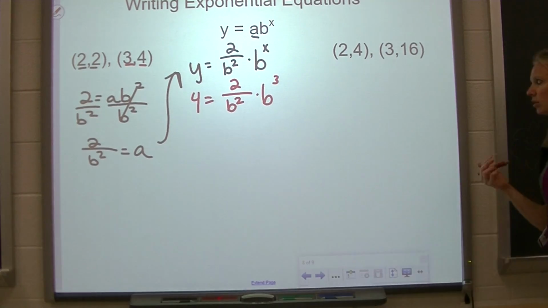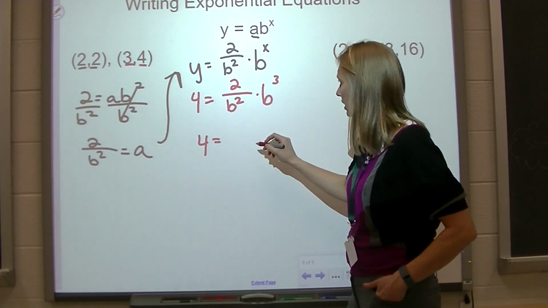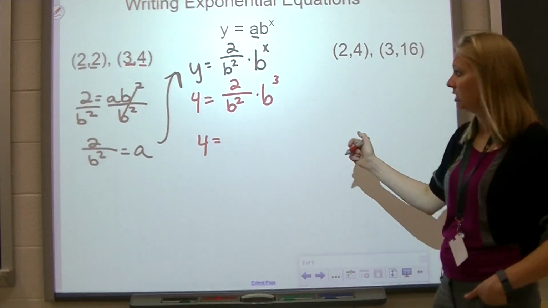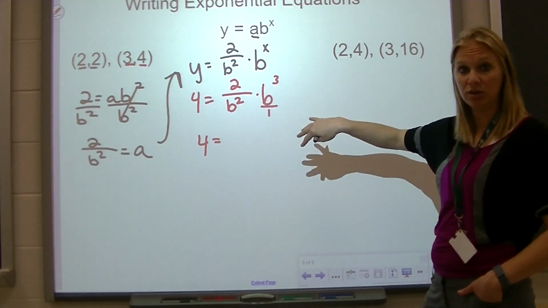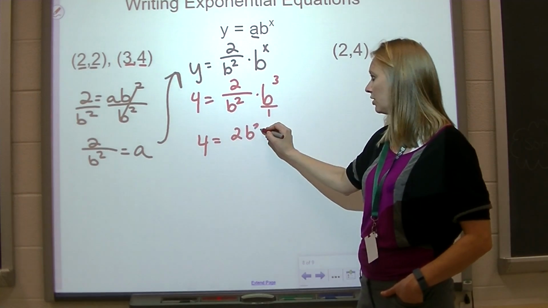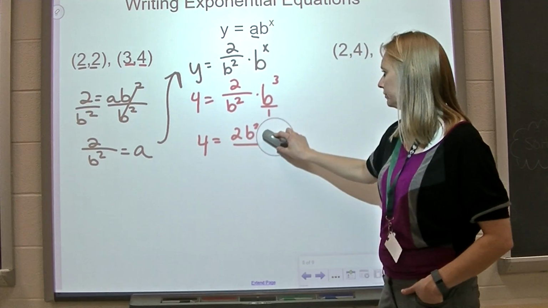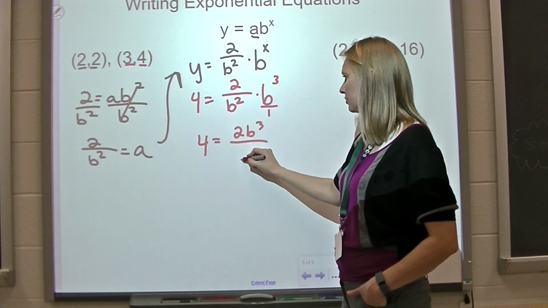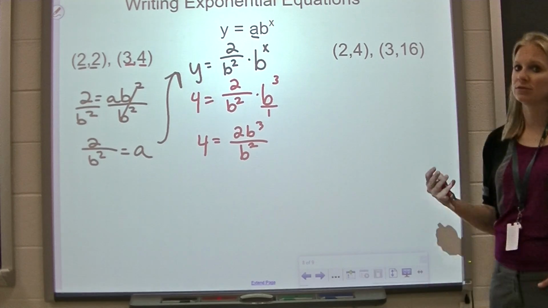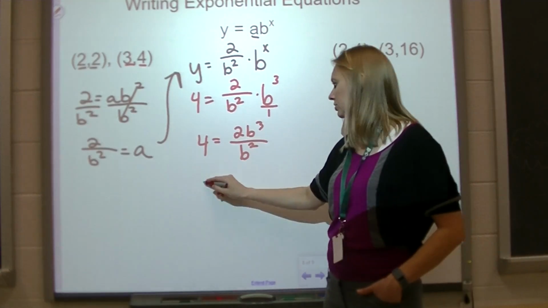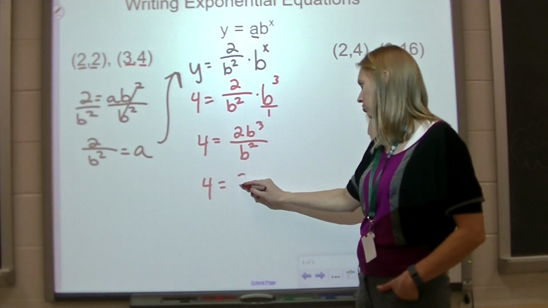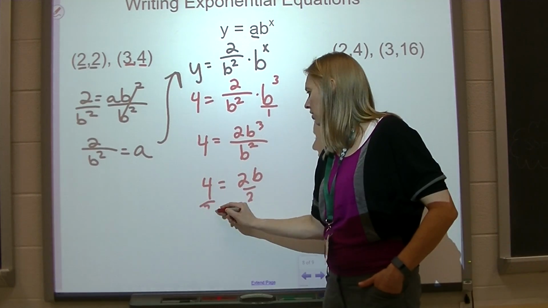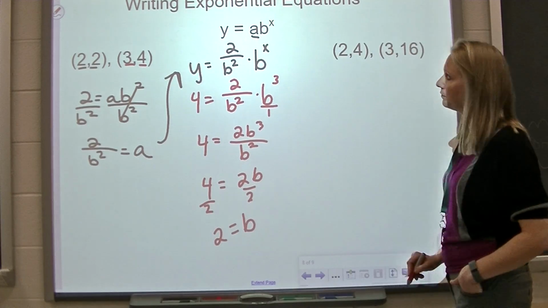Now using our rules of exponents, or even multiplying fractions, 2 divided by b squared times b to the third is essentially b to the third over 1, so I can multiply straight across. It would be 2 times b to the third over 1 times b squared, which is b squared. The rule of exponents is you subtract, so it's going to be 4 equals 2b, because 3 minus 2 is 1b. Then divide by 2, and we get 2 equals b.